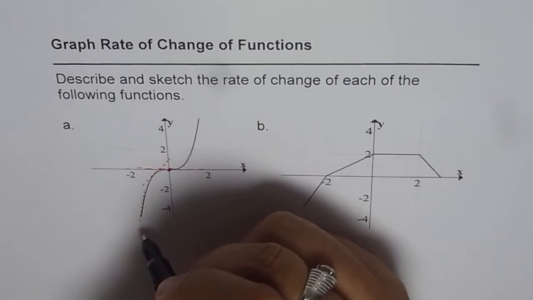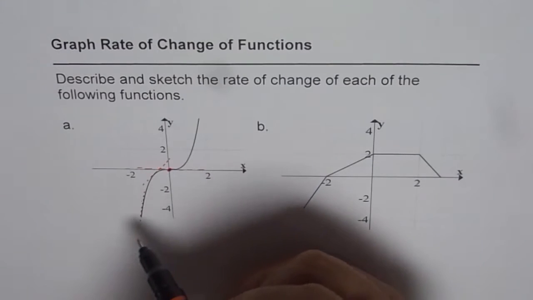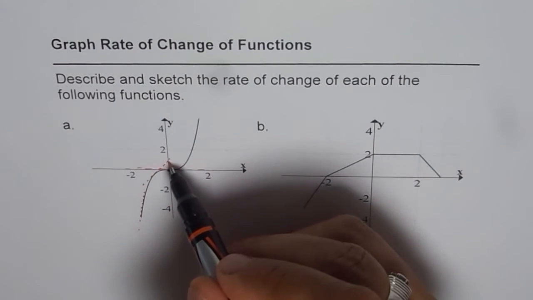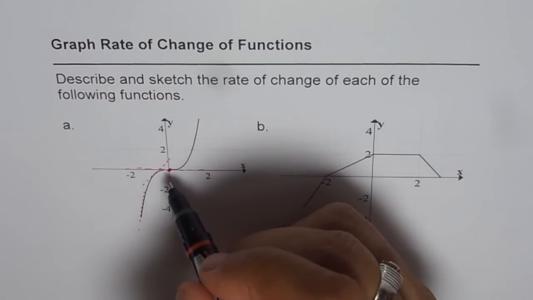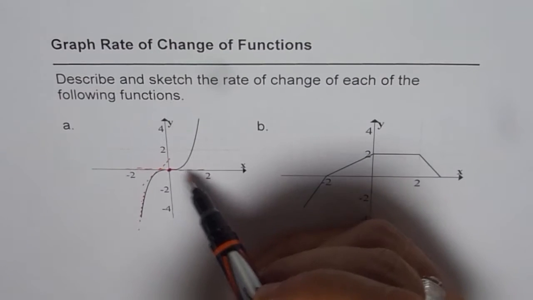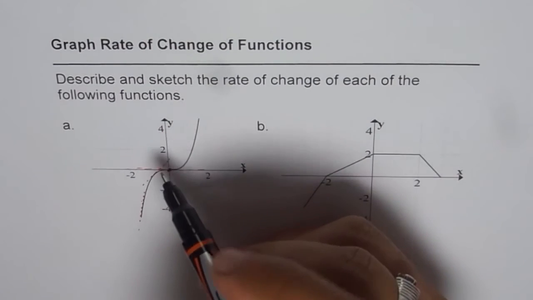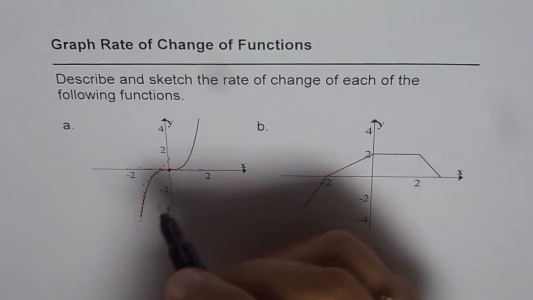So what we observe here is as we move towards negative x, the slope becomes more and more. That means the rate at which the y value is changing with respect to x value is much higher as the x value is more negative, right?